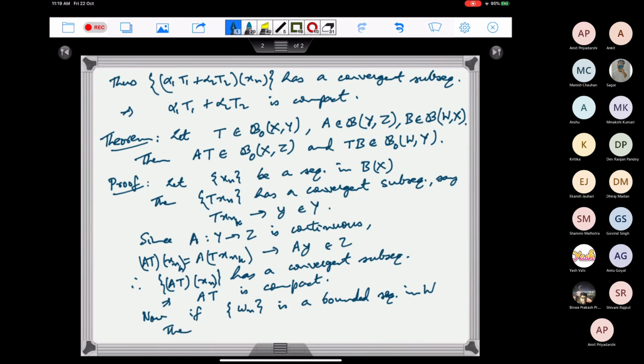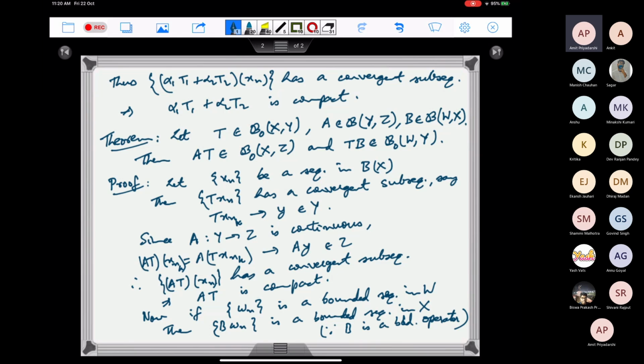Then B of w_n is a bounded sequence in X, since B is a bounded operator. Right, because norm of B w_n is less than or equal to norm B times norm w_n.